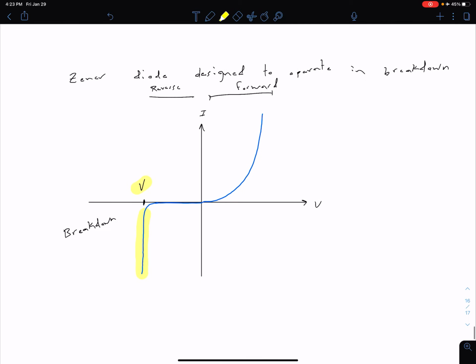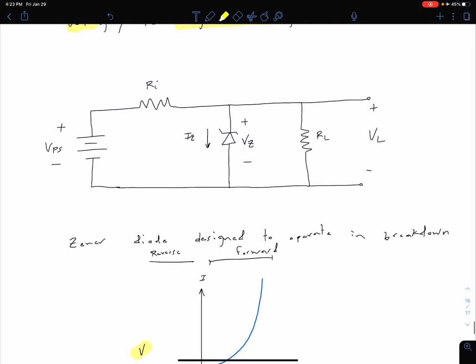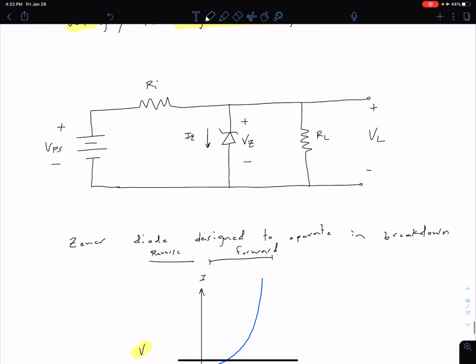We know this Zener diode has some voltage V_Z, so if we put it in parallel with something, that should also have that same voltage V_Z. That's the idea we're going for. That's why we have our voltage and current defined backwards: these are, of course, negative values, negative current and negative voltage. If we switch the direction, we can still be talking about positive values.